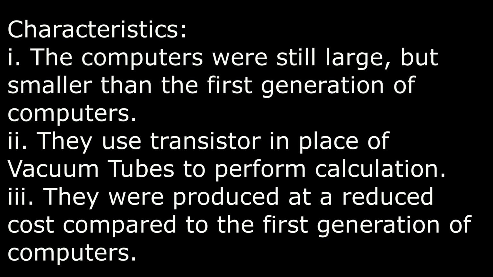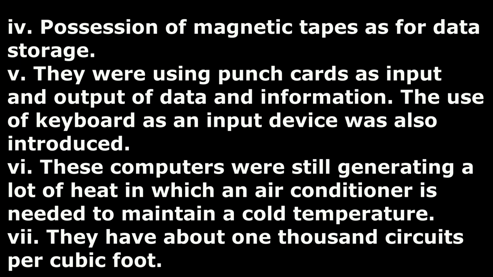Characteristics: 1. The computers were still large, but smaller than the first generation of computers. 2. They used transistors in place of vacuum tubes to perform calculation. 3. They were produced at a reduced cost compared to the first generation. 4. Possession of magnetic tapes for data storage. 5.